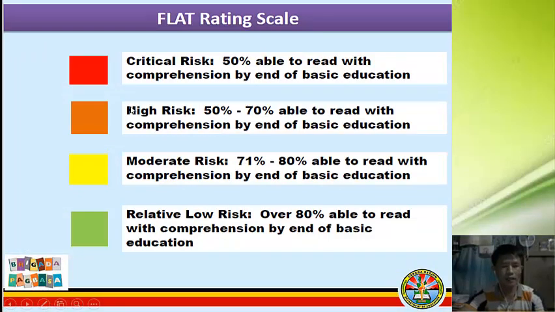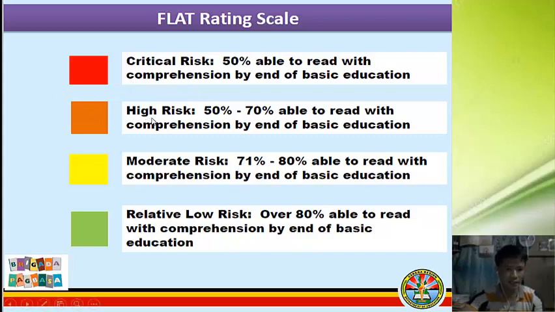In the flat tool, there are colors there in which that colors signifies what percent belongs the child. Example, red color, critical risks. So 50% able to read with comprehension by the end of the basic education. Example, in grade 6, now we are in grade 6. If 50% of the learners in grade 6 unable to read or no comprehension, that belongs to critical risk.